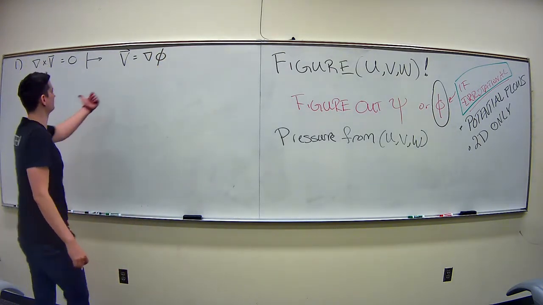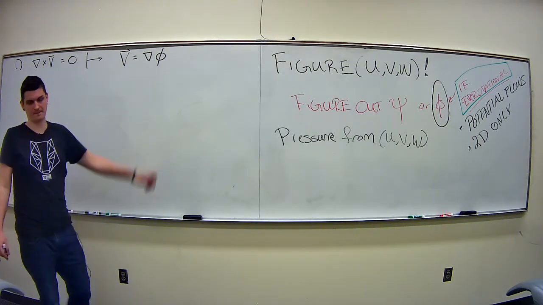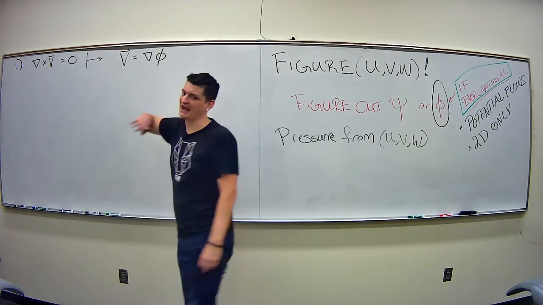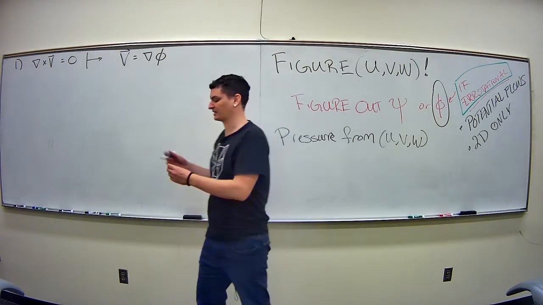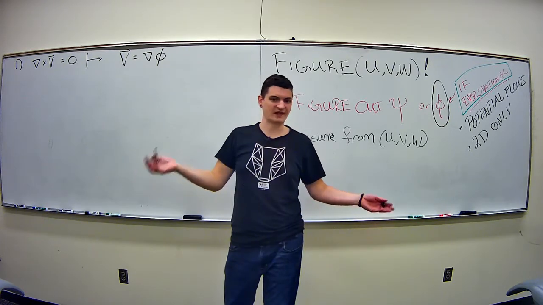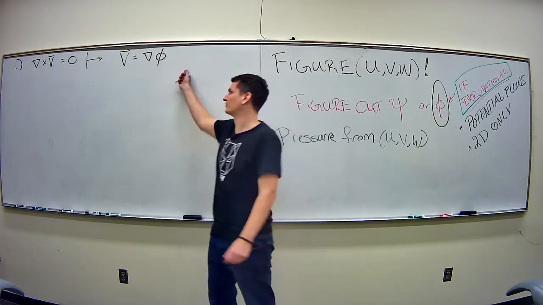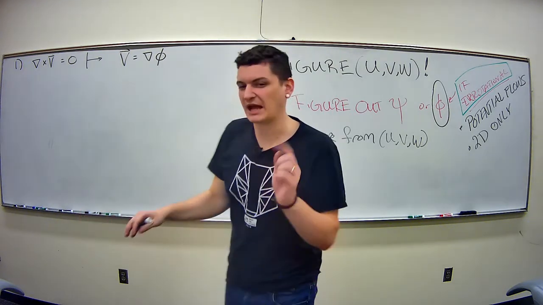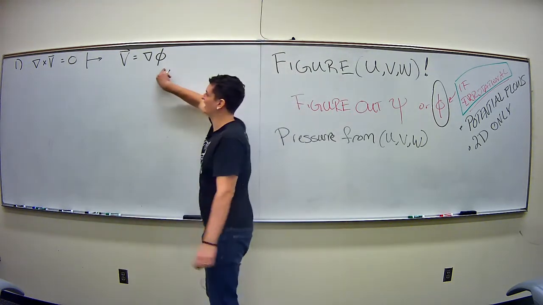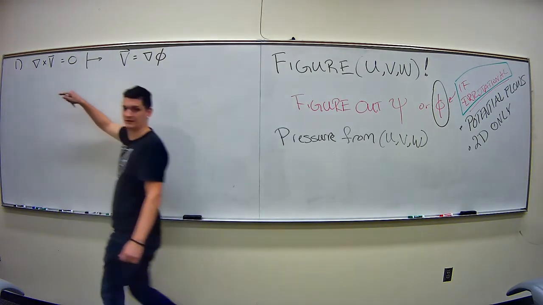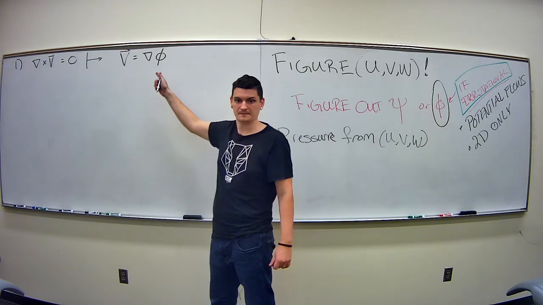Okay? It doesn't go the other way. Just because you can't just write any function down. This is important, the converse is not true. I can't just write down a scalar function of x, y, z, and t, take the gradient, and find the velocity field of any flow. But what I do know is that if I have irrotational flow, then this is true.